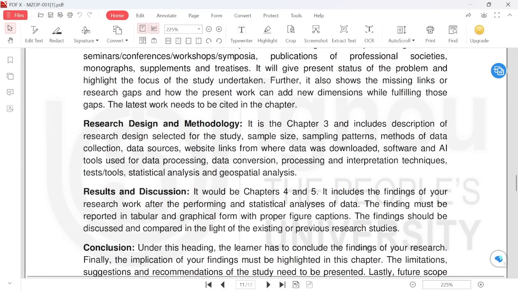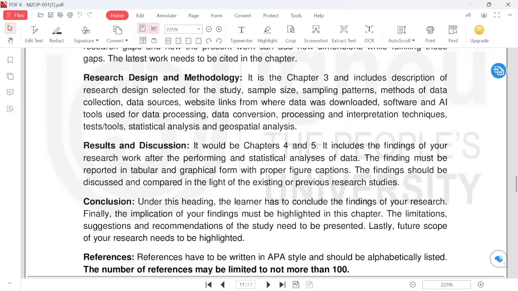Chapter 3 includes the description of the research design selected for the study, sample size, sampling patterns, methods of data collection, data sources, website links from where data was downloaded, software and AI tools used for data processing, data conversion, processing, interpretation techniques, tools, statistical analysis, etc. So many things come under research methodology.